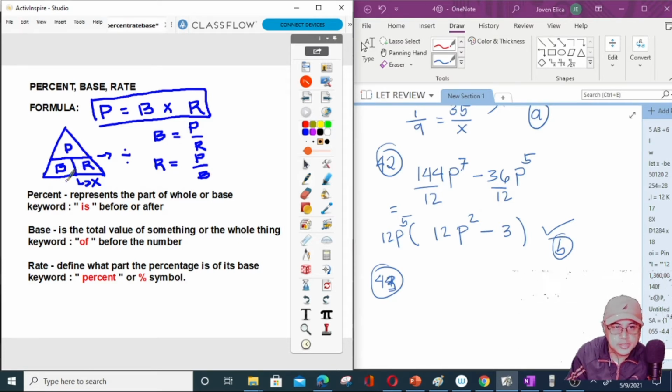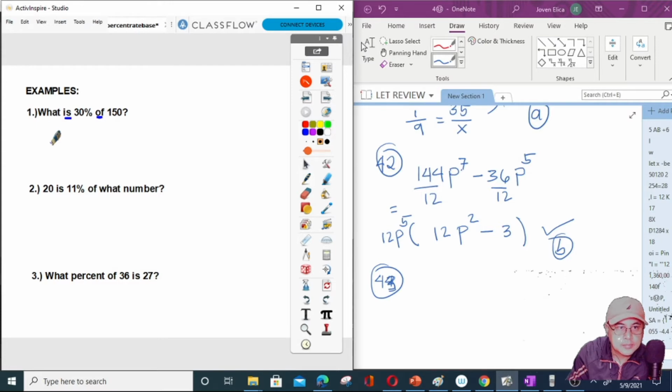So in this case, with "is", we are actually asking for the percentage. 30%, since the percent symbol is already here, this is the rate, and because of the word "of", this is the base.